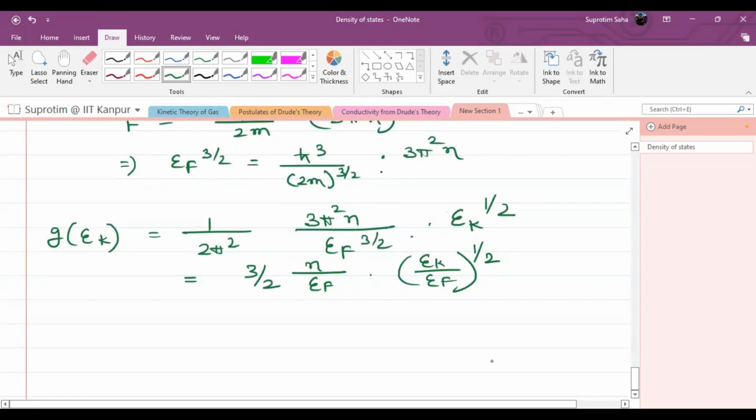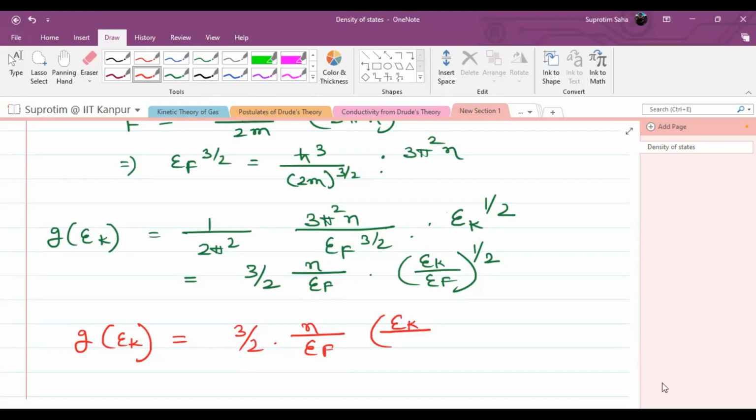So you are getting the density of states in terms of the number density of the electrons and the Fermi energy. Of course, it contains also the energy Ek at which you are calculating the density of states. So Ek by EF raised to half.